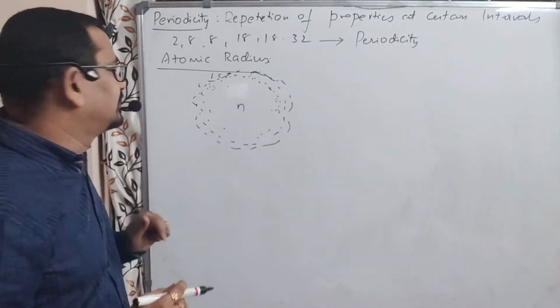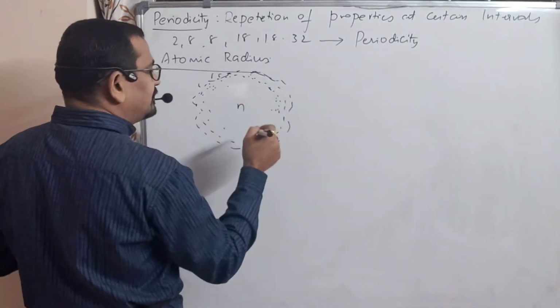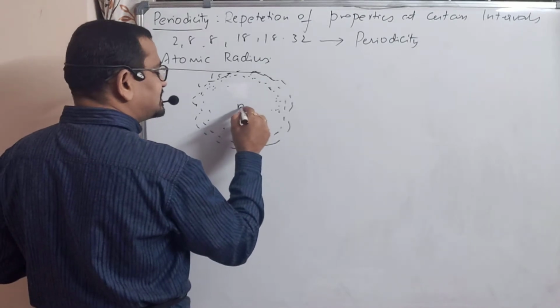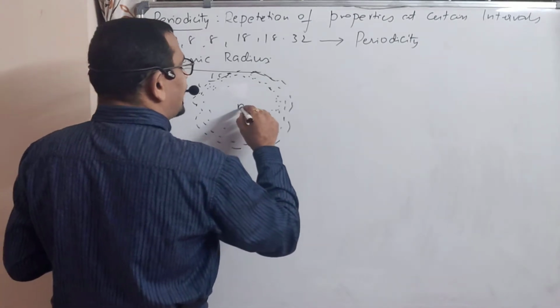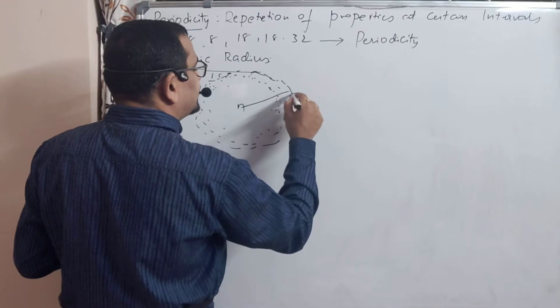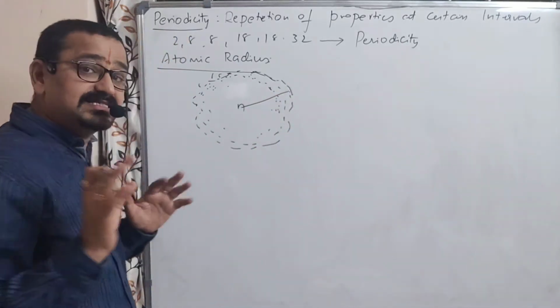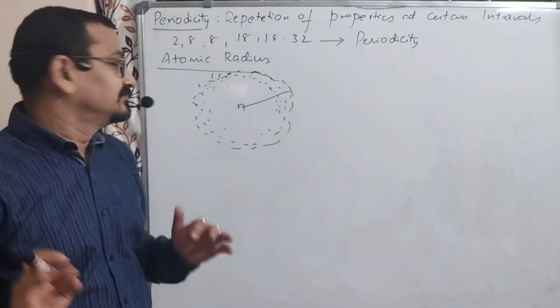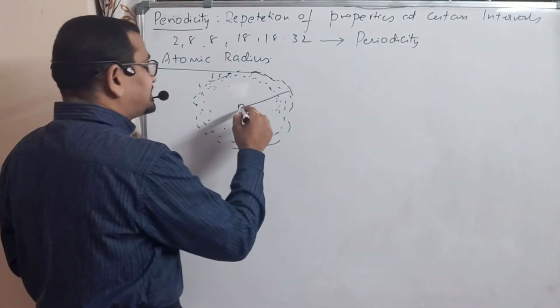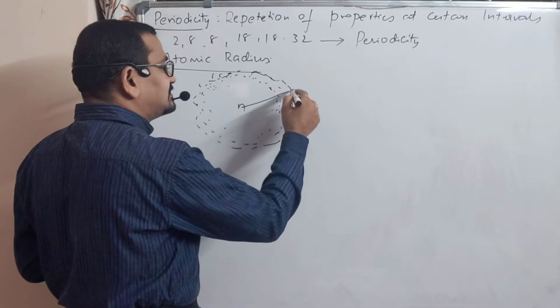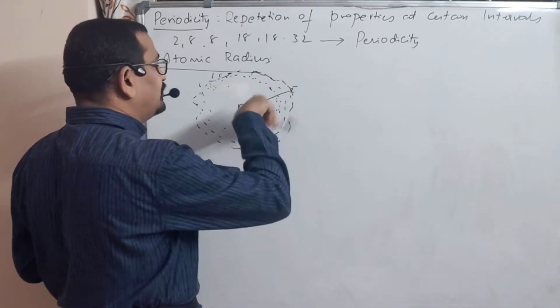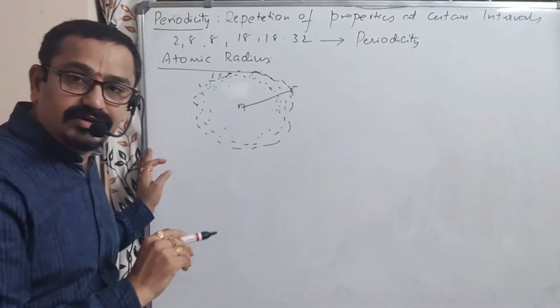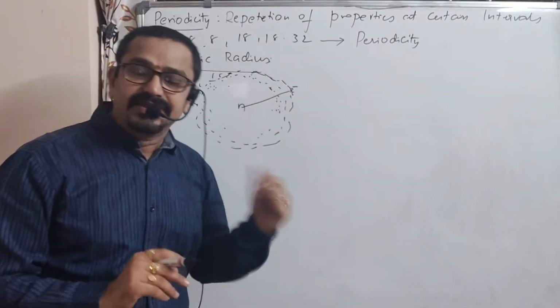Now atomic radius can be defined as the distance between the center of the nucleus and the outermost electron of the diffused electron cloud. That's the final definition we can give for atomic radius.